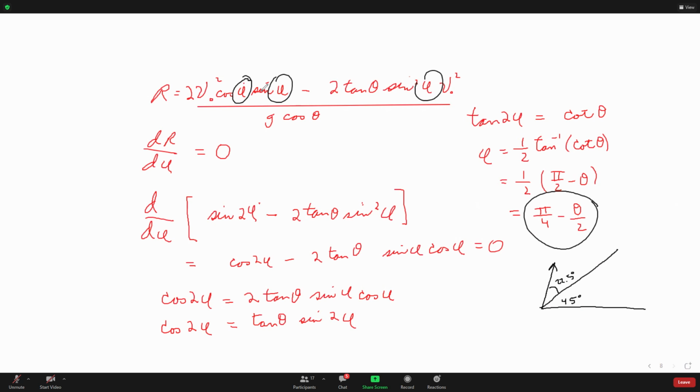Okay. Does anyone have any questions on this particular problem? Would it matter how we wrote the equation where you have R? She wrote it as the sine of 2 phi.